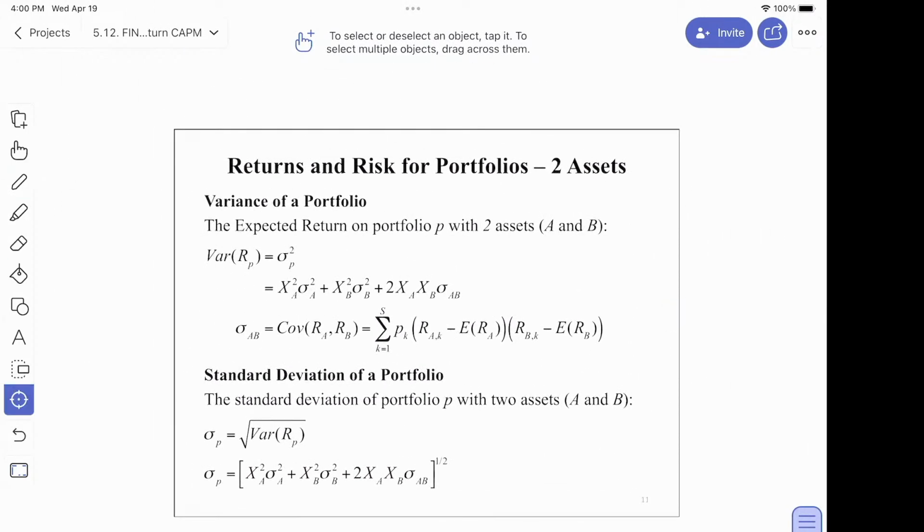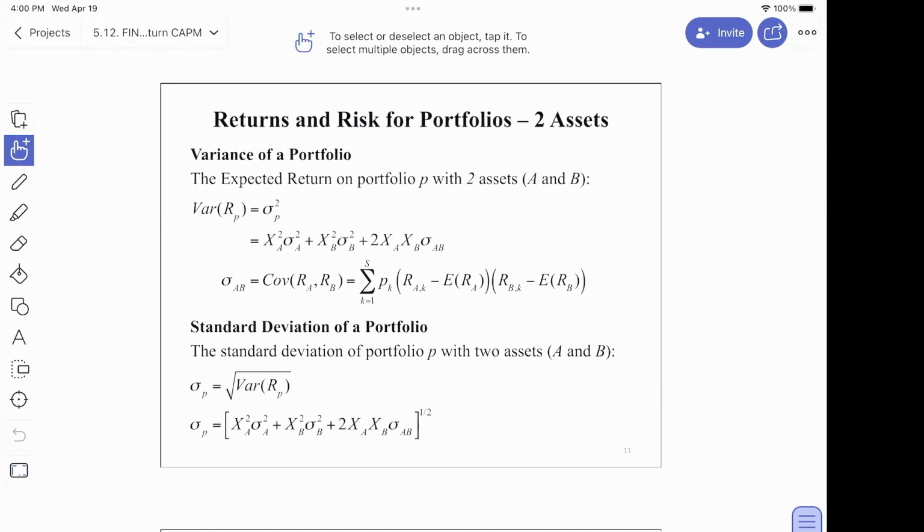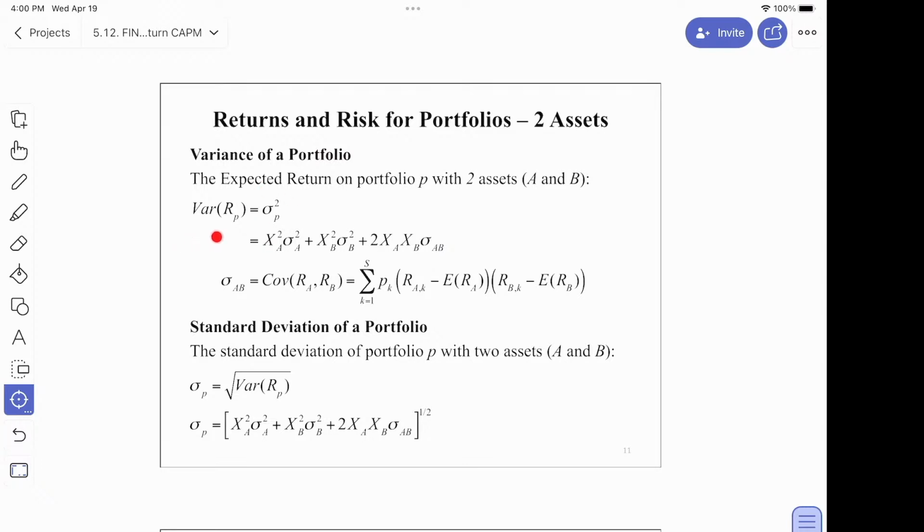Well, we're working with two assets. The formula for the variance of the return on the portfolio can be written like this. So that's the variance, the sigma squared of the portfolio. And this is the formula.